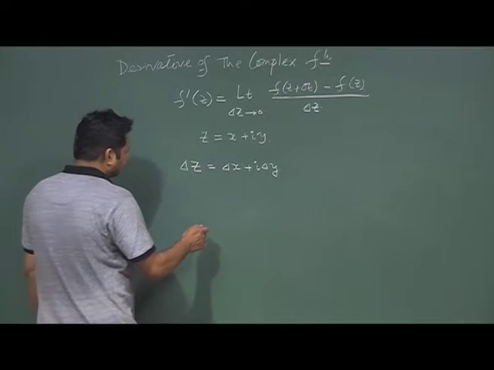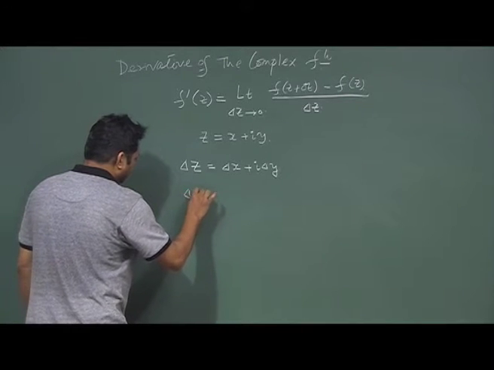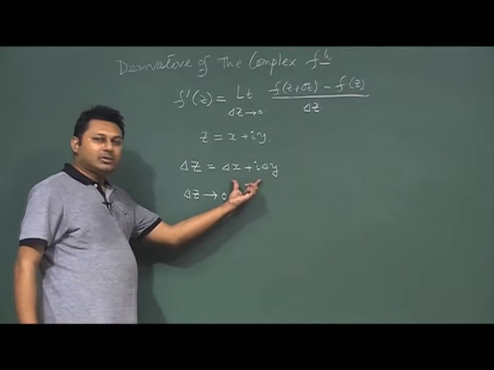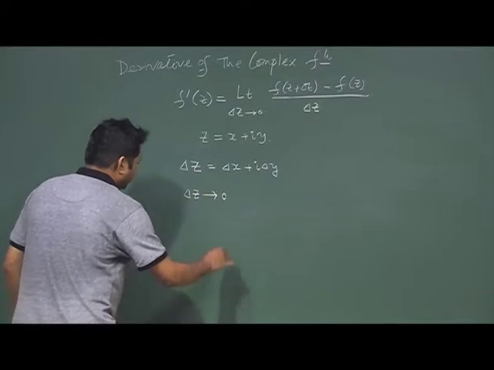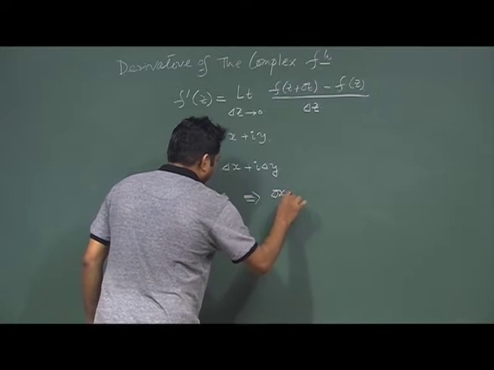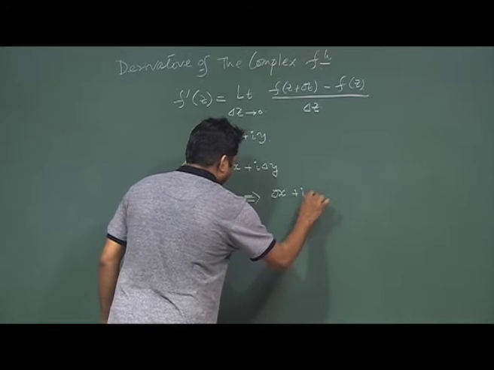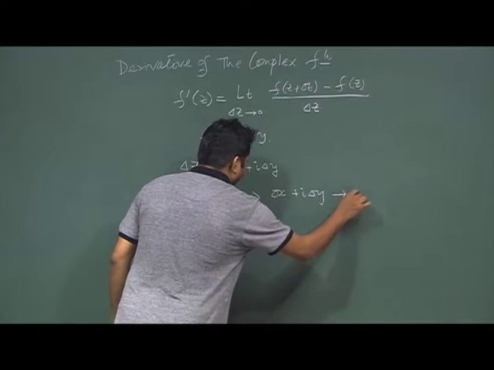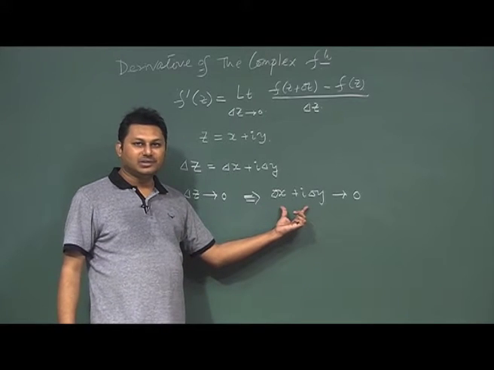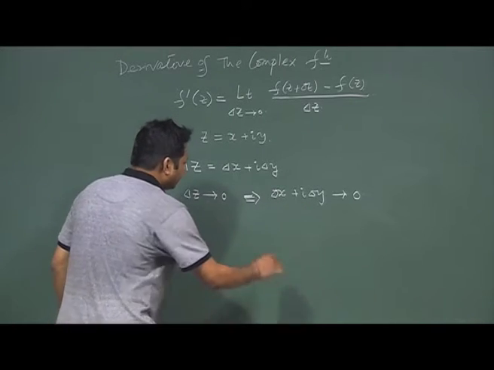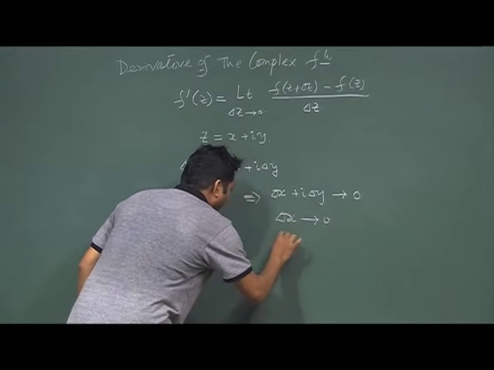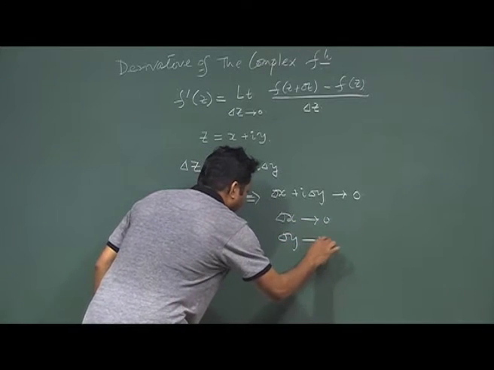Now, if I say delta z tends to 0, that means this entire quantity tends to 0, which suggests that delta x plus i delta y tends to 0. When delta x plus i delta y tends to 0, that essentially means that delta x tends to 0 and delta y tends to 0.